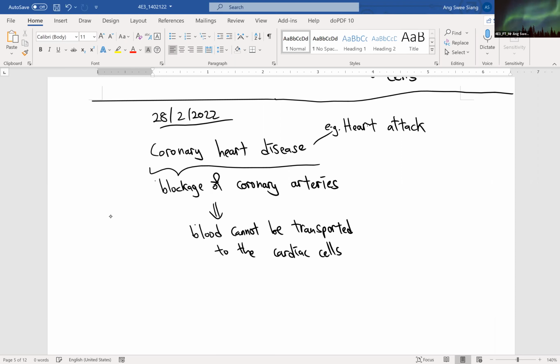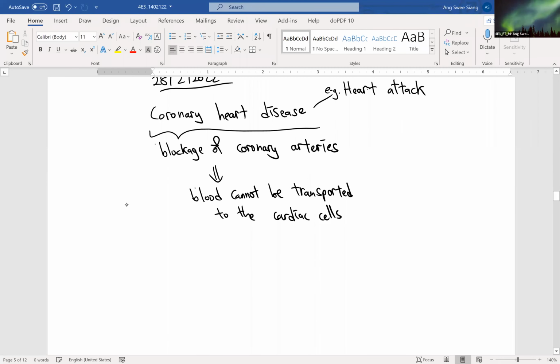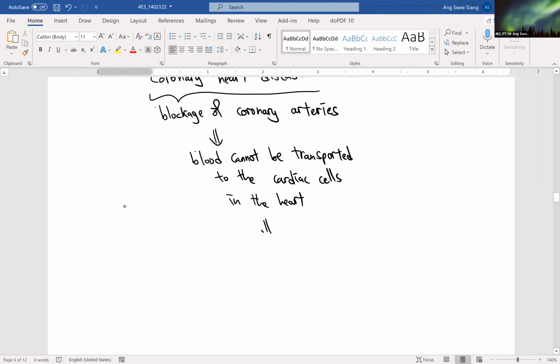The cardiac cells are the heart muscle cells in the heart. Then this will cause no oxygen and nutrients to be received by the cardiac cells.